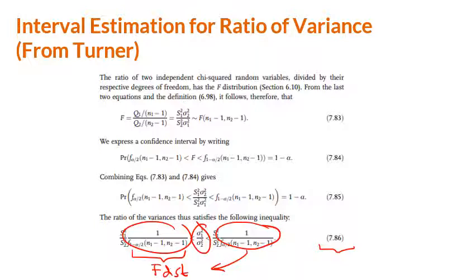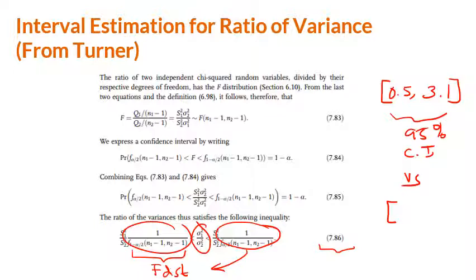Does the lower bound and the upper bound include 1? For example, suppose the interval of the ratio of the two variances is 0.5 to 3.1. This is the 95% confidence interval, versus 2 to 5.2. Suppose this is CI1 and this is CI2.